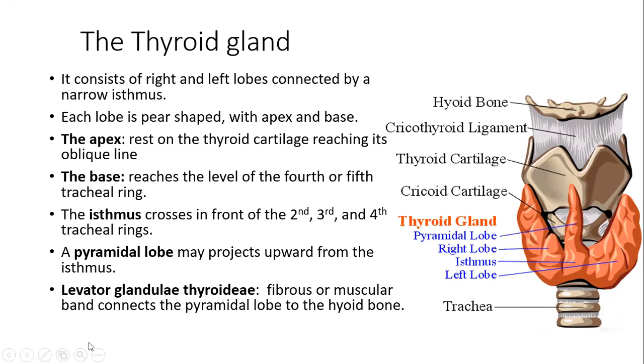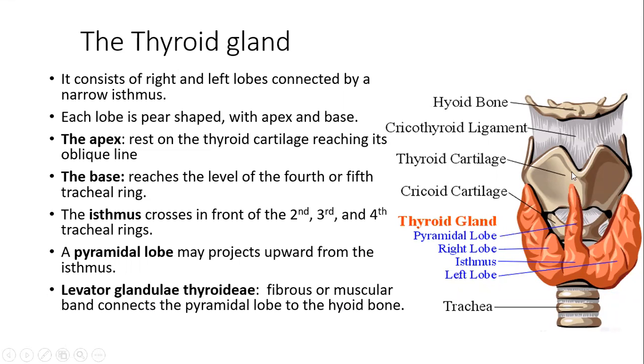Then we have something called the levator glandulae thyroideae. This is a fibrous or muscular band that connects the pyramidal lobe to the hyoid bone. Hyoid bone is here, connected by a thin fibrous or muscular band called the levator glandulae thyroideae.